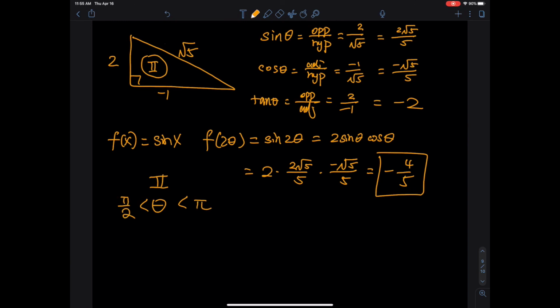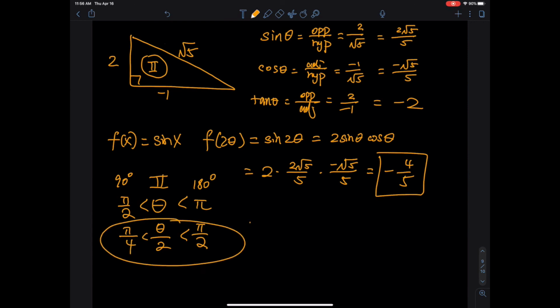So this is any angle between 90 degrees and 180 degrees. So if you divide it by 2, that will be pi divided by 2, and this divided by 2 will be pi over 4. So this will be in quadrant 1. So in quadrant 1, we have both x and y positive. So when you consider the plus or minus, you take the plus.